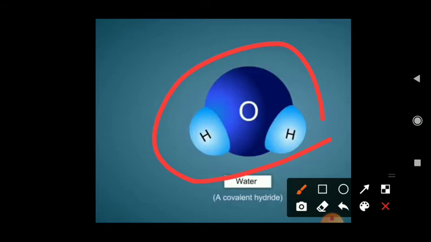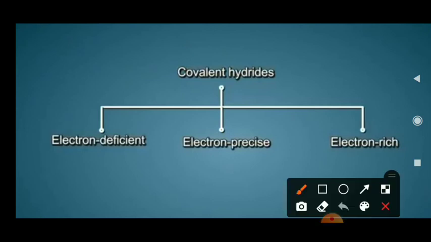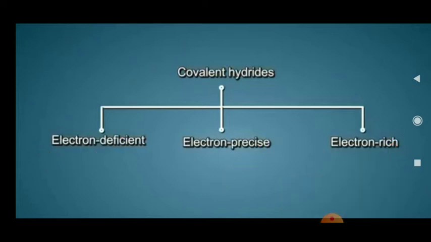Sharing of electrons, or a bond between two non-metals, is known as covalent. Covalent hydrides are further classified into electron deficient, electron precise, and electron rich.